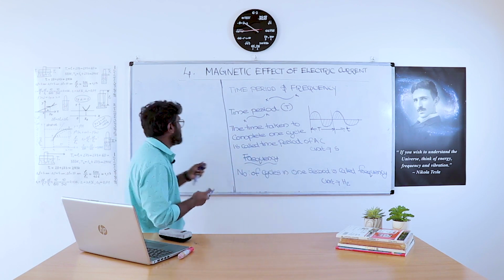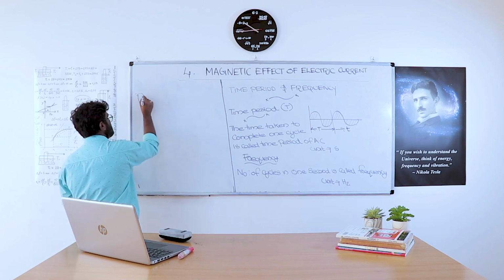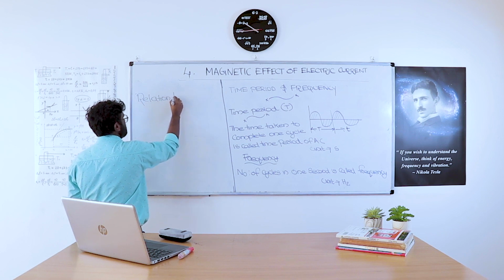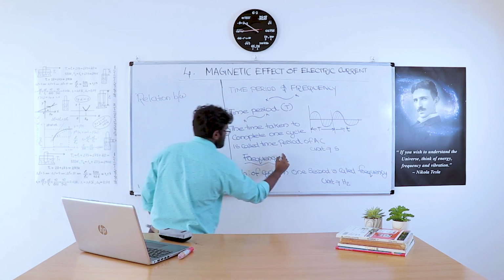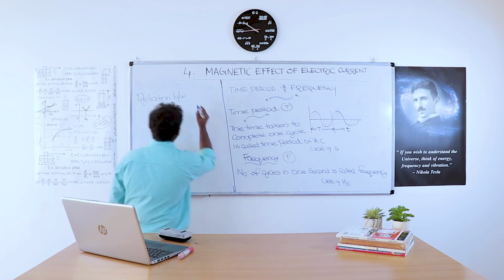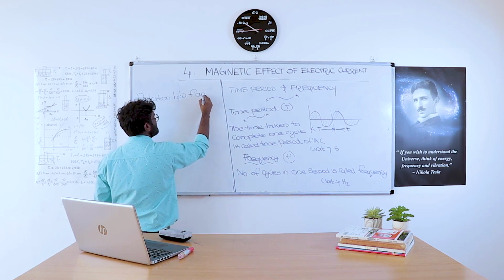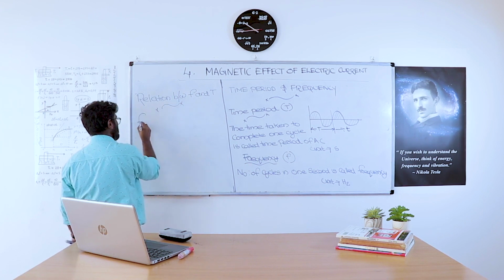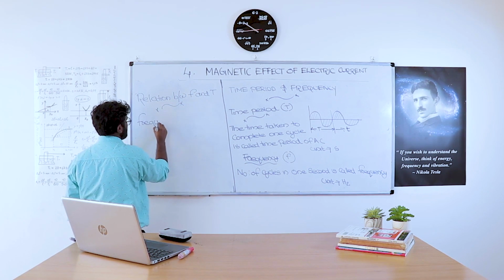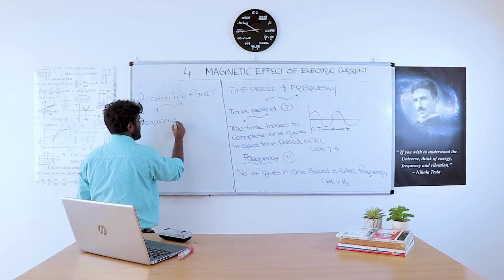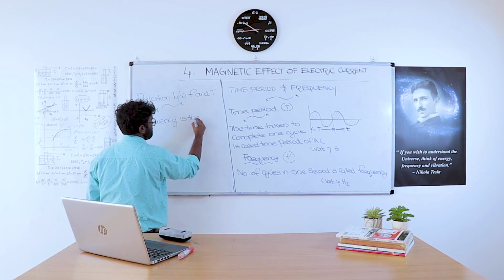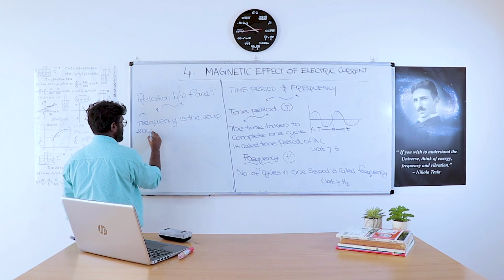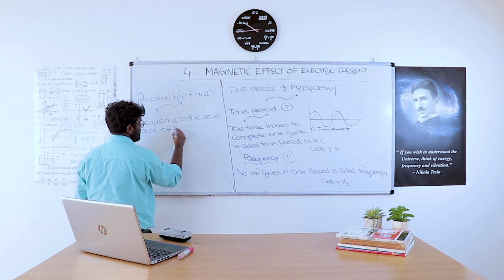There is a relationship between frequency and time period. Frequency is denoted by small letter f. Frequency is the reciprocal of time period.